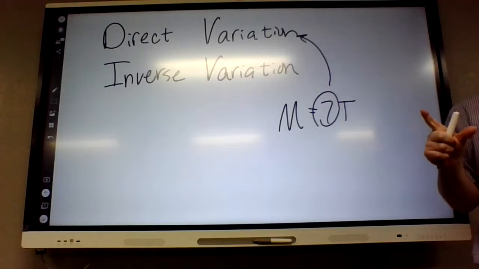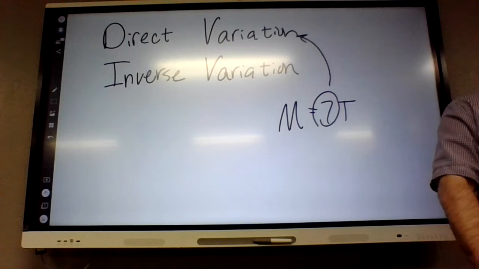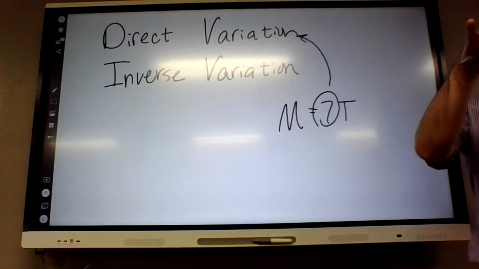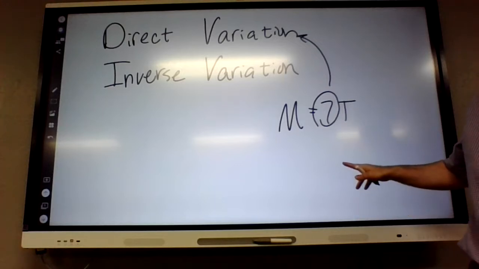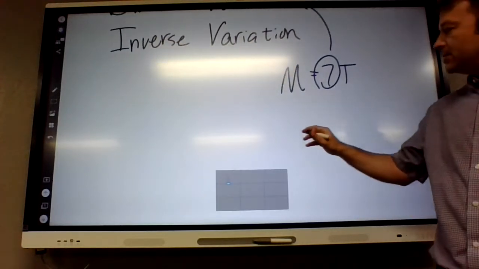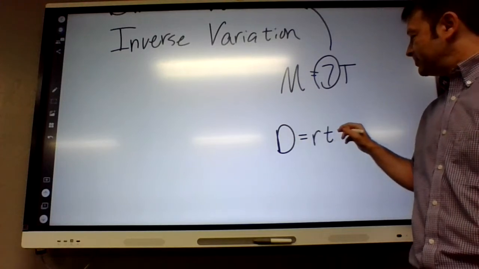So another really common example is the faster that you go, the shorter the time is to get there. So as speed goes up, time goes down. That's basically distance equals rate times time.